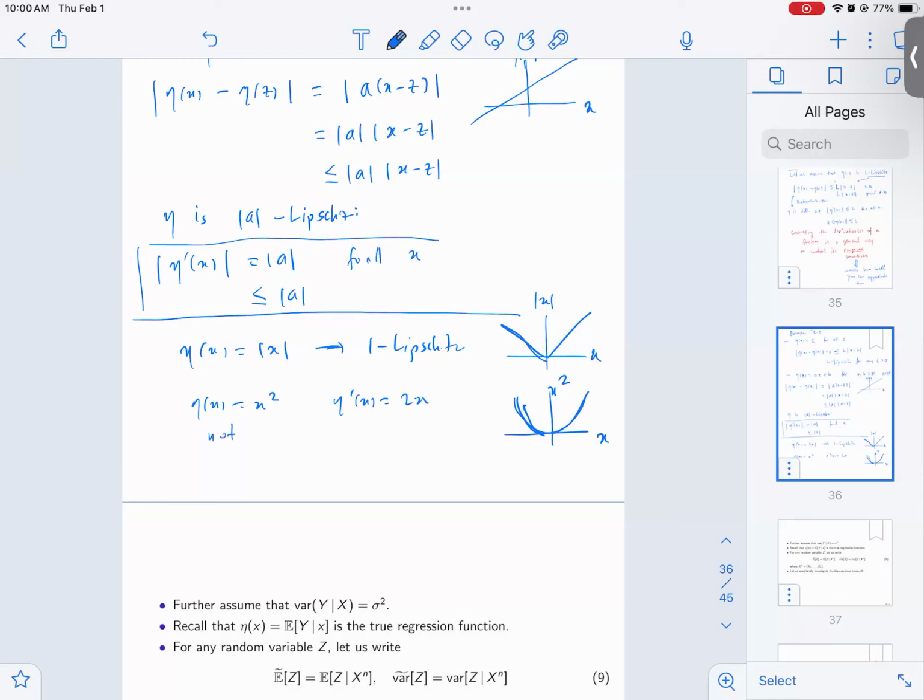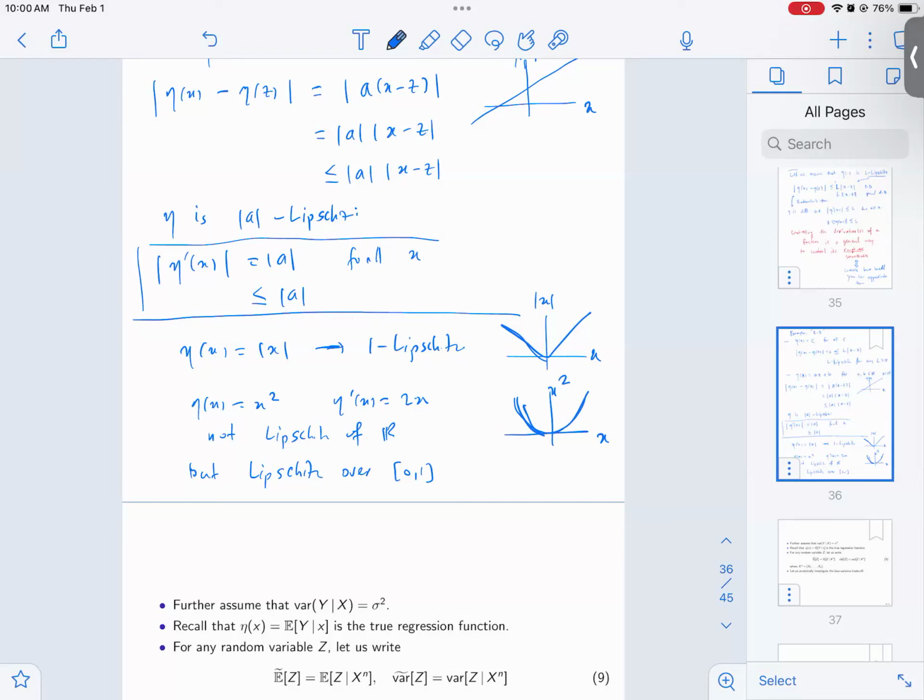But it is Lipschitz over, let's say, 0, 1, or any bounded set. If I bound the set, the derivative is controlled. But not Lipschitz over the real line.